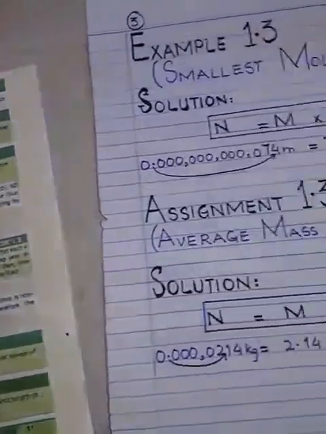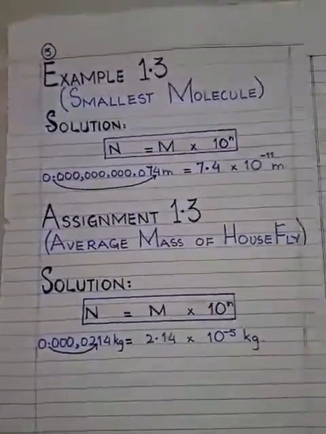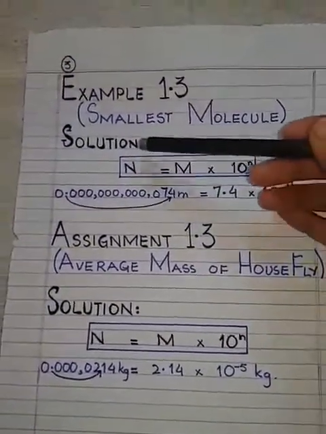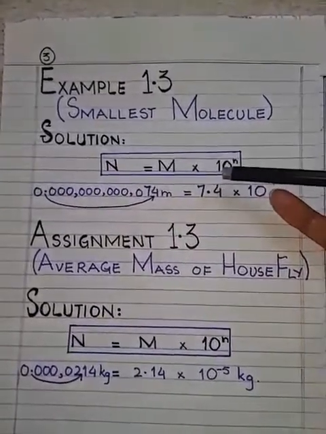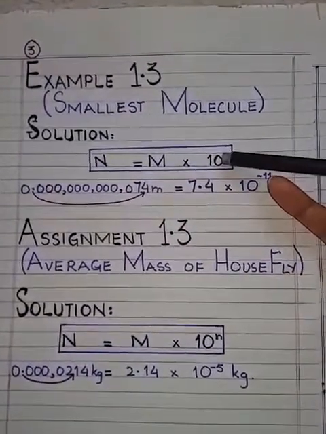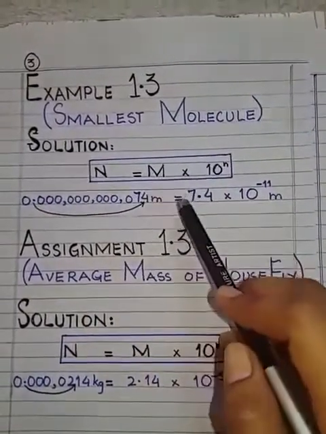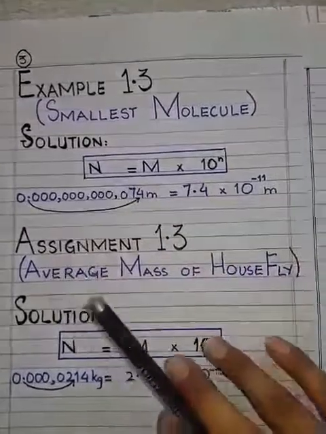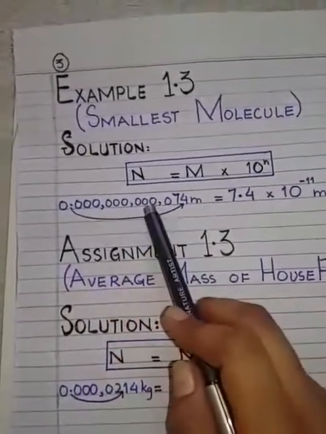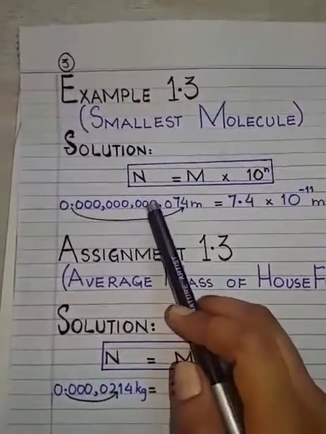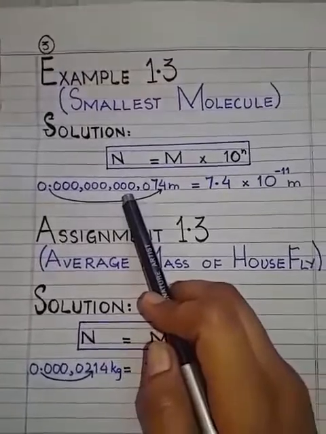So example question number 1.3. Solution. And girls, N is equal to M multiplied by 10^n. N is the number in simple notation, and M is the mantissa, and 10^n means 10 exponent. The value is given in simple notation, the value is this. And girls, you will convert this value to standard notation, so again the same rule will be applied.